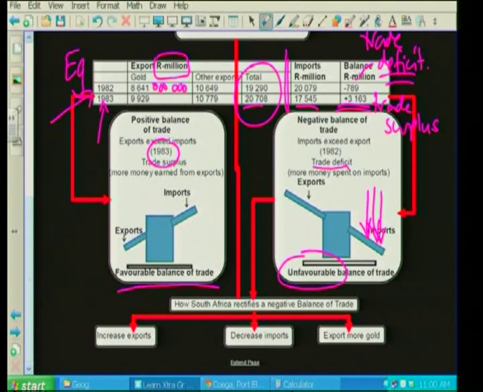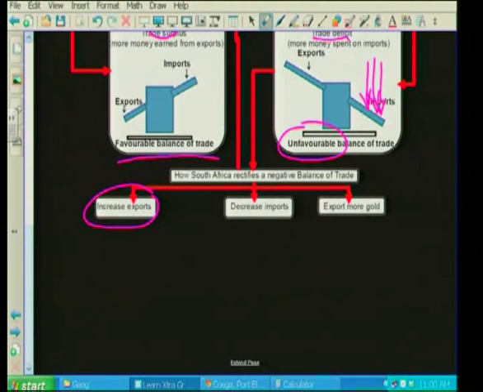How South Africa rectifies this balance of trade is related to certain things. We have to try and increase our exports, decrease our imports, make more money from foreign revenue, right? Earn pounds, earn yen, earn dollars, etc. And basically spend less money buying stuff from the world, and also try and export more gold, because that's where we make a lot of money.